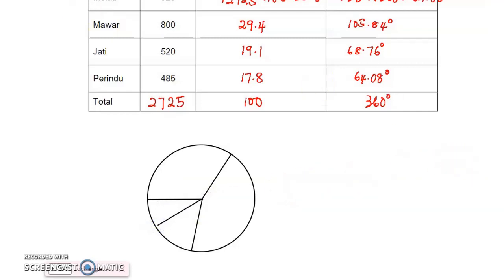Then you put label. Make sure you put percentage, not the degree of each sector. So here is Melati. So label Melati properly. Melati, how many percent just now? 33.8. And then Mawar 29.4.